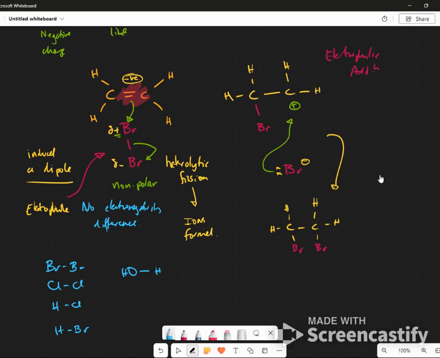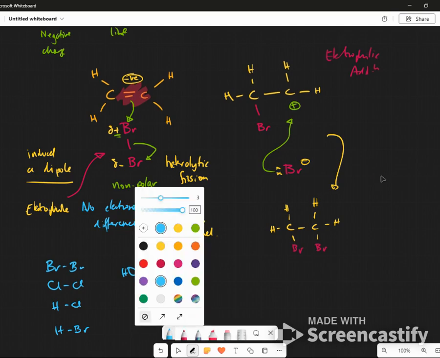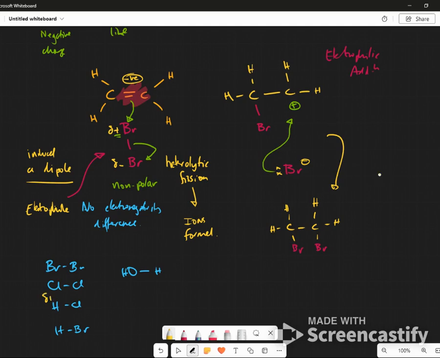Now these last 3 things I've said have a dipole already, so these will attack faster than the things without a dipole. These 2 things, when they get close to the double bond, there will be an induced dipole on those. Does that make sense, Janet?